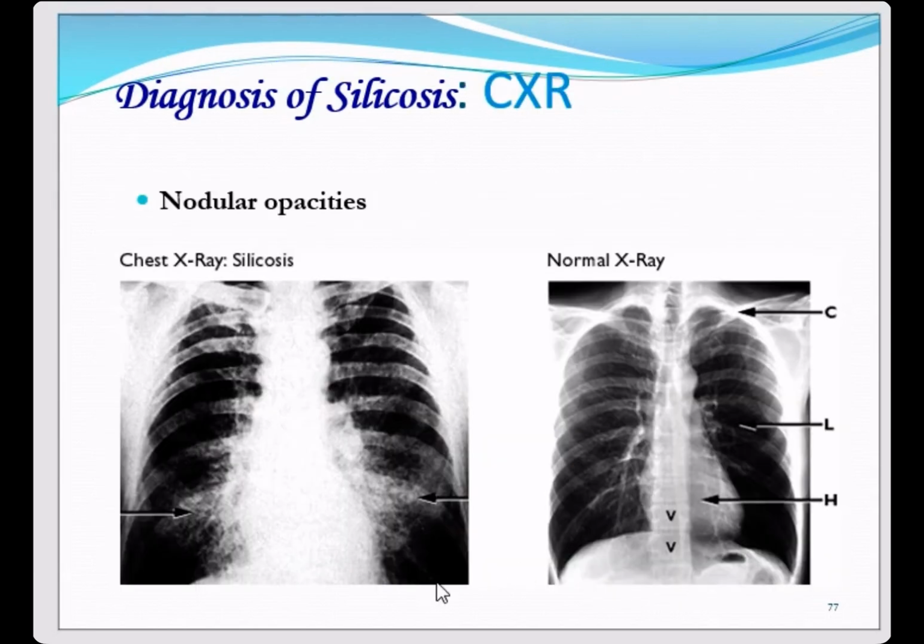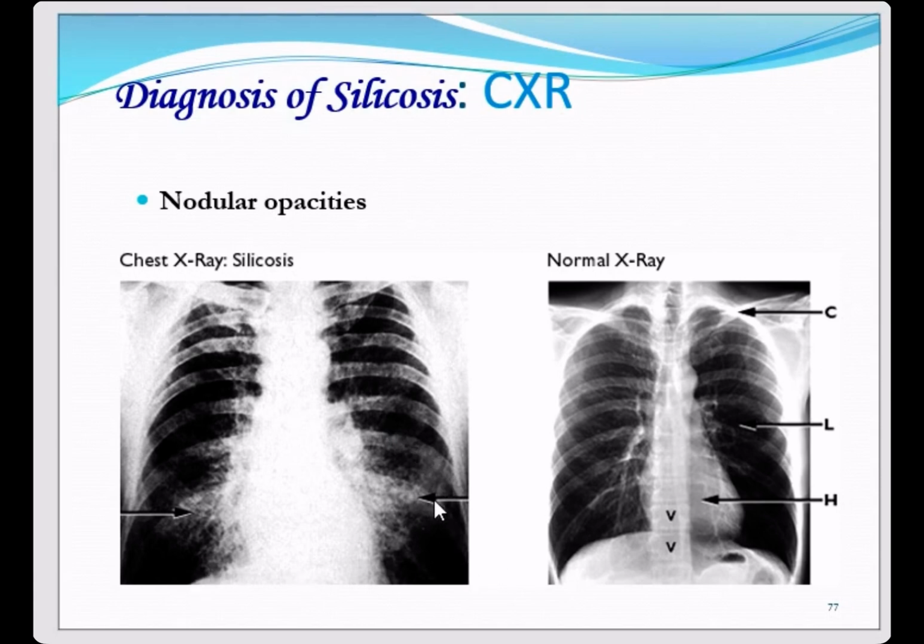And from the X-ray, you can also find differences from the normal X-ray. The right picture shows the normal X-ray, with the top, the middle and the bottom of the lungs. For the silicosis patient, first you will see the whole lungs on the X-ray look quite different in color, getting black.